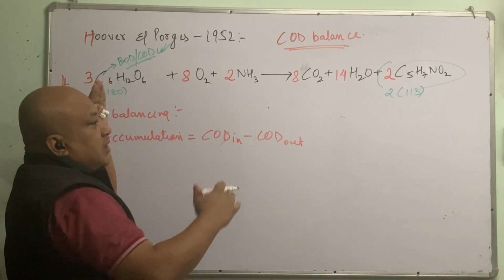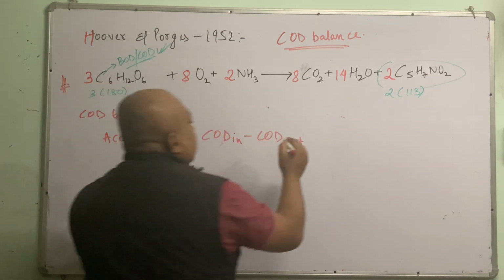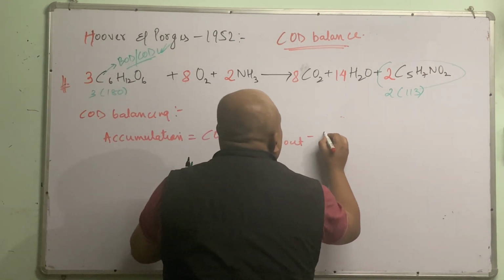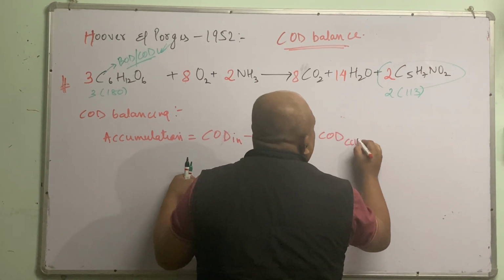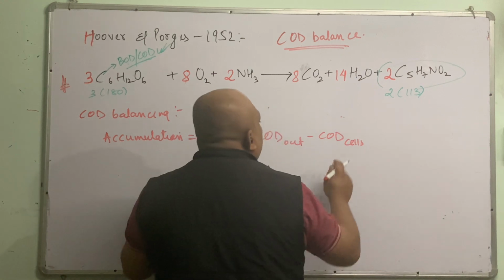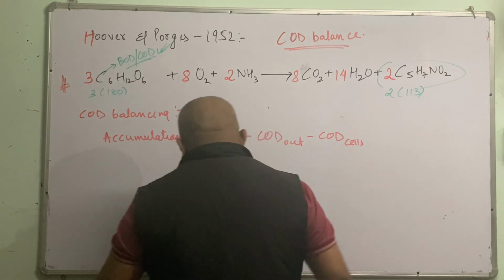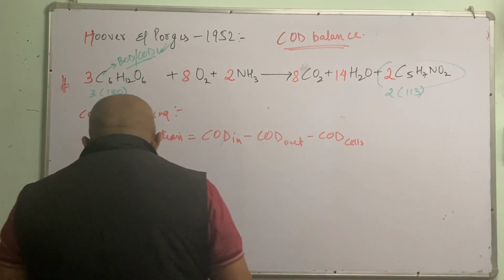COD is coming in, some is escaping out, minus COD in terms of new cells, or I'll say COD oxidized. Is it clear?